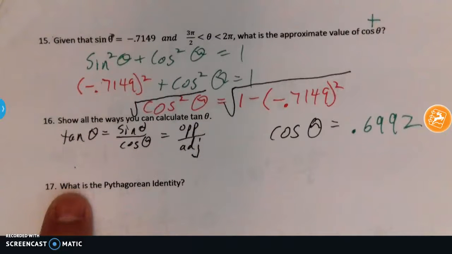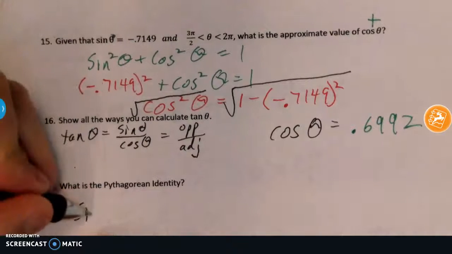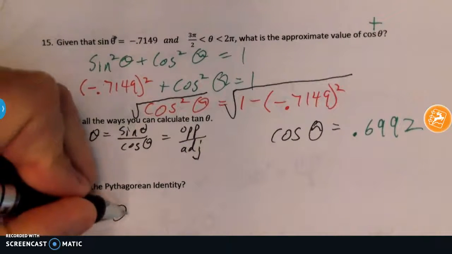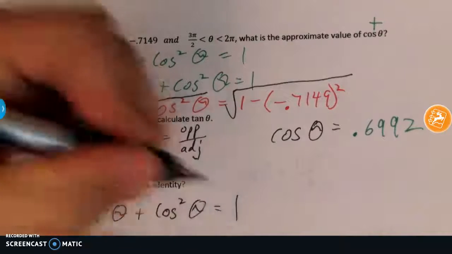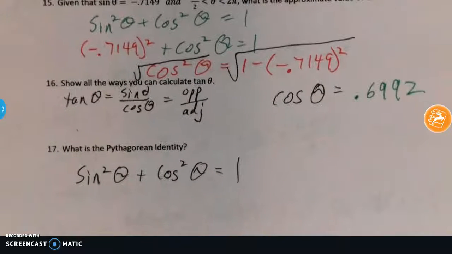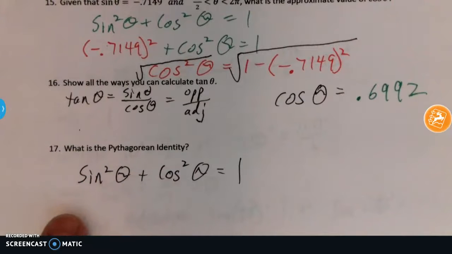Now the Pythagorean identity, it's written up here, I already wrote it for you, sine squared theta plus cosine squared theta equals 1. Now you can solve for this one, or you can solve for sine or solve for cosine. So this one will have some different forms, and I'll let you play with that.